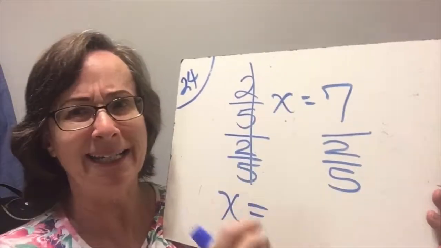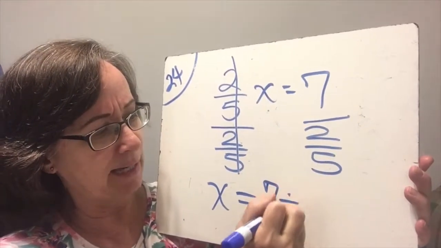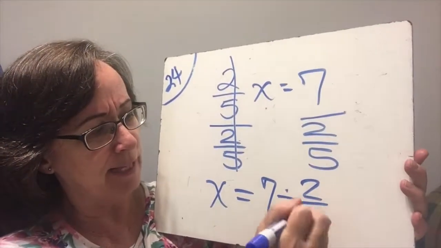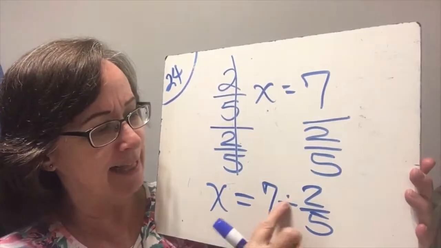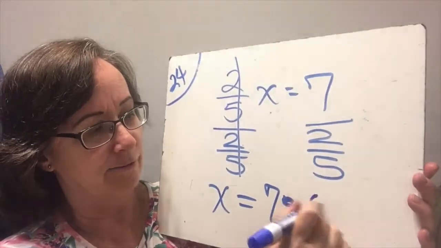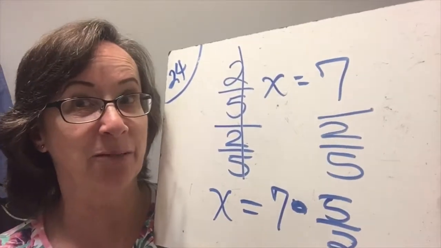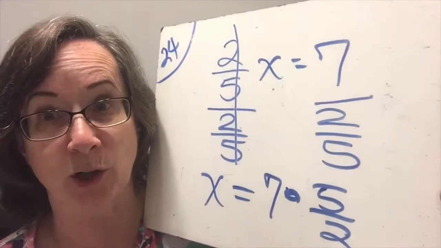Now we say, well, what is 7 divided by 2/5? And 7 divided by 2/5 is the same thing as 7 times 5/2, because division by a fraction is multiplication by its reciprocal.